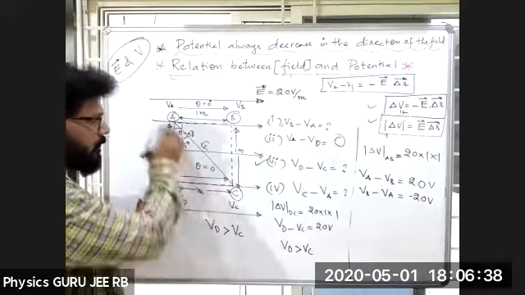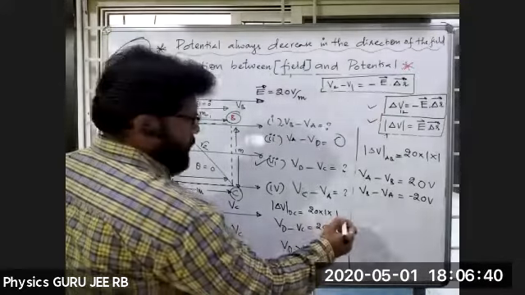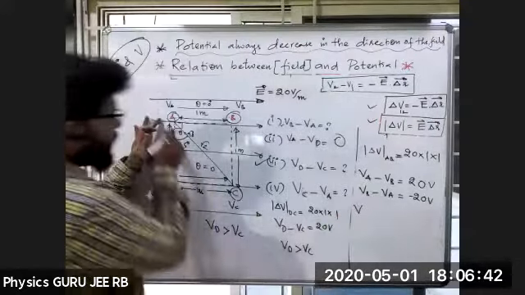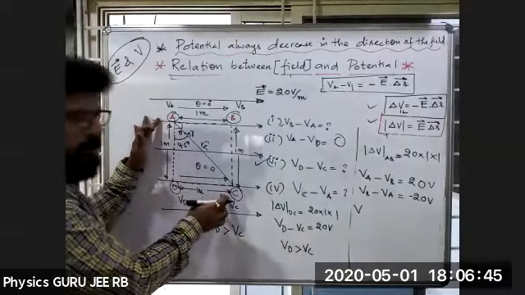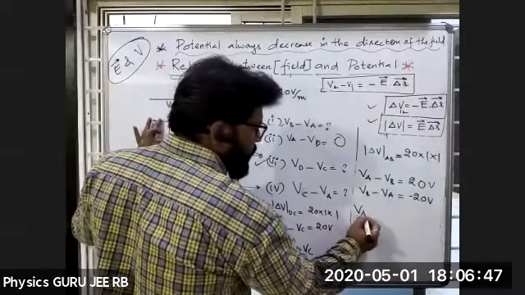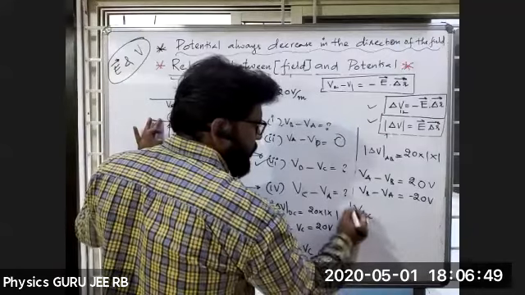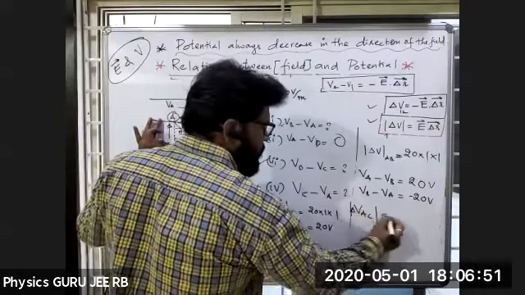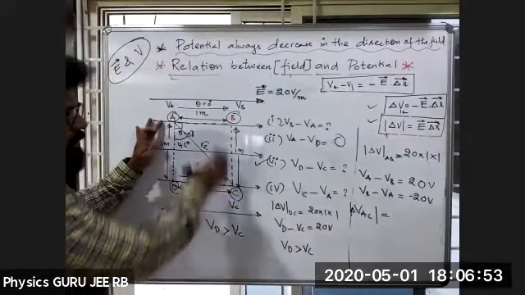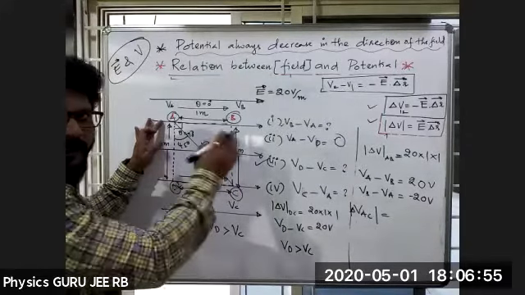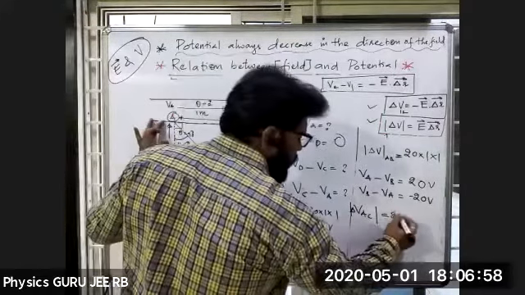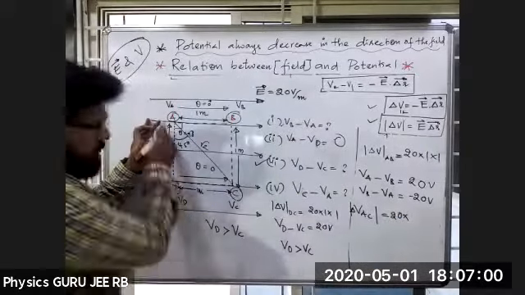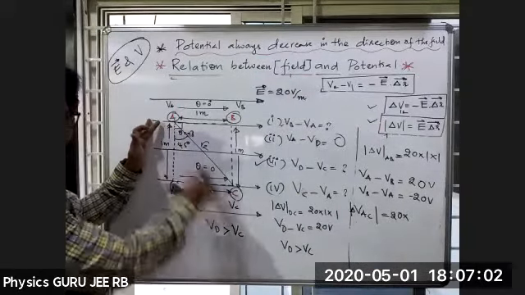Next, the last one, V from A to C. Delta V from A to C is equal to E times d cos theta. E is 20 volts per meter. The distance is nothing but root 2, since this is 1 and 1, root 2.